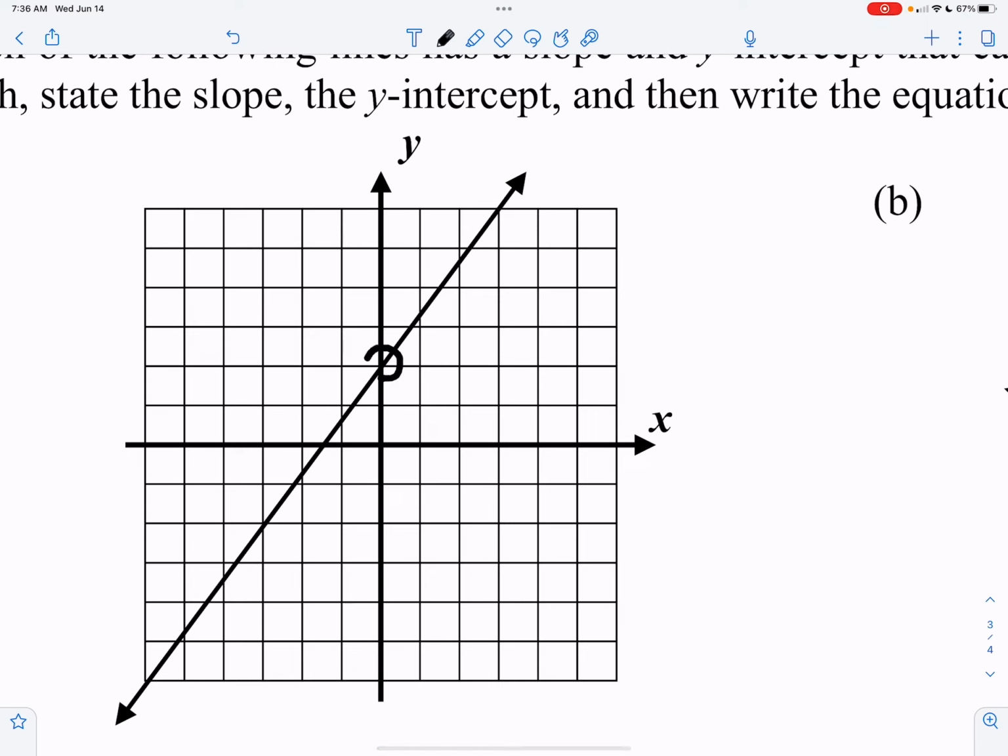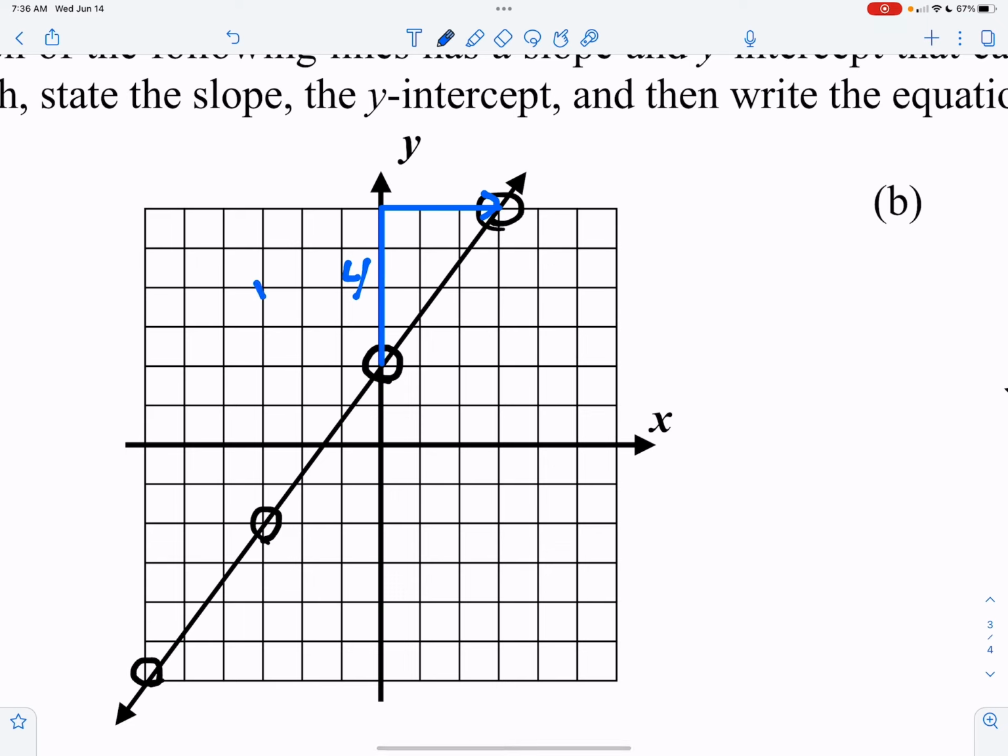So right here, we can see that point, and then possibly right up here, or even down here. So what I'm going to do is go up and over from one point to another. So let's say I go from here to here. That means I'm going to go up 1, 2, 3, 4 boxes and over 1, 2, 3 boxes.